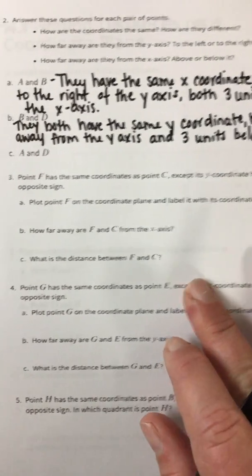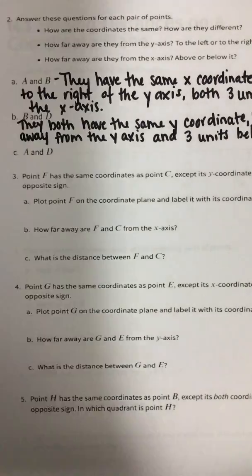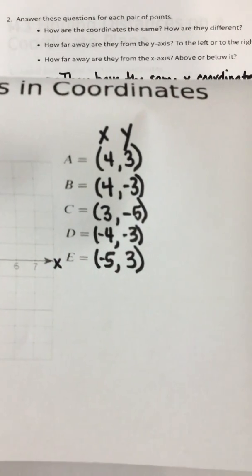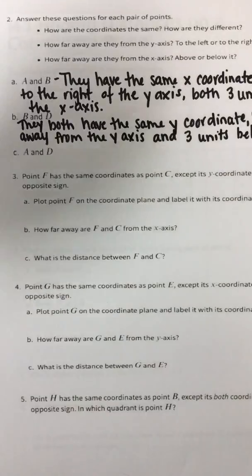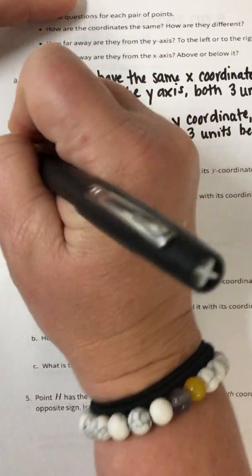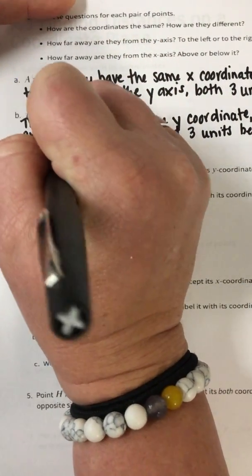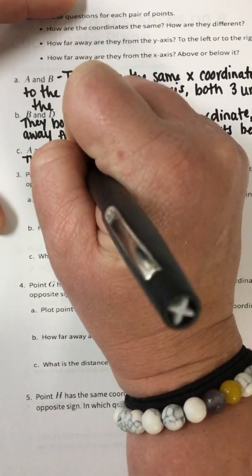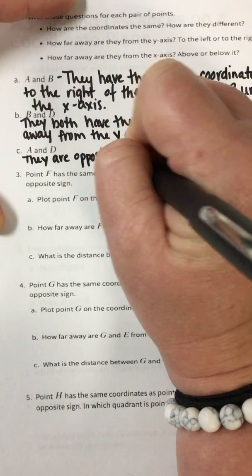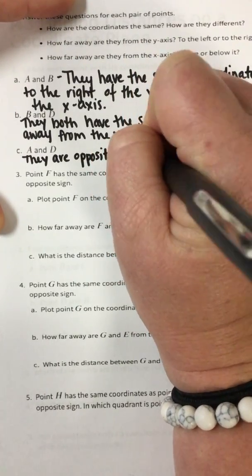All right, the last one is A and D. So A coordinates are 4, 3, and D are -4, -3. What you should notice about these is that they are opposites. So one is 4 and then -4.